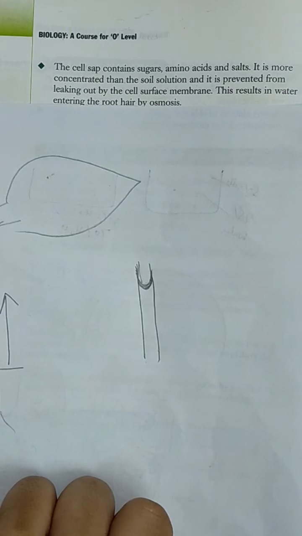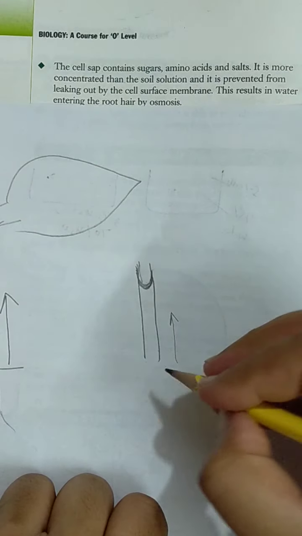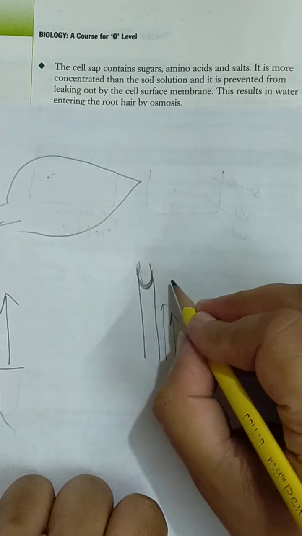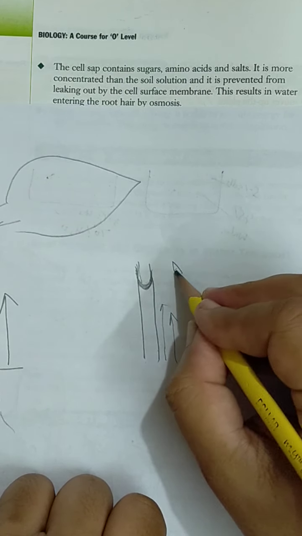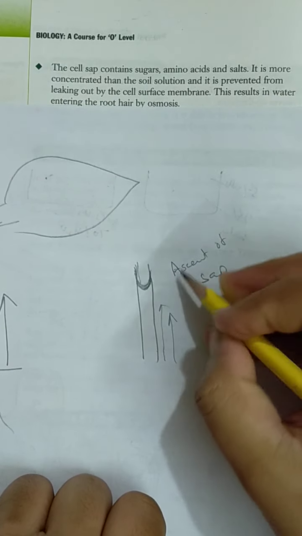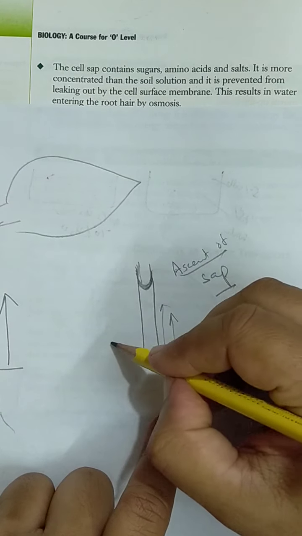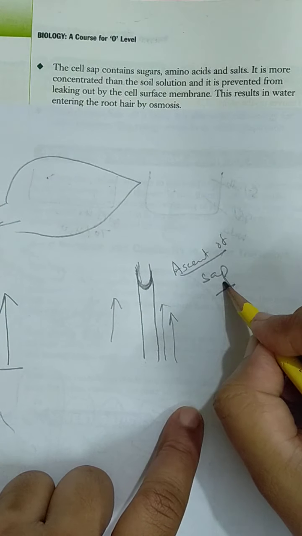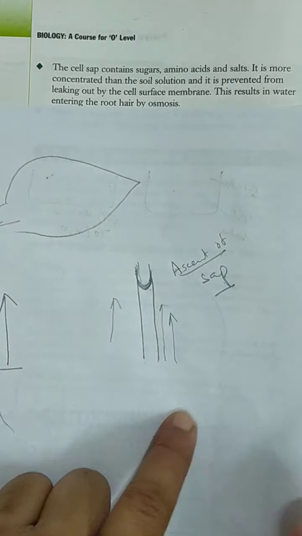But again, this concept does not fulfill the requirement of transpiration, or the movement of water up, which is the ascent of sap. What is meant by ascent of sap? Ascent means moving upward, and sap means water and minerals. So this concept does not fulfill that criterion.